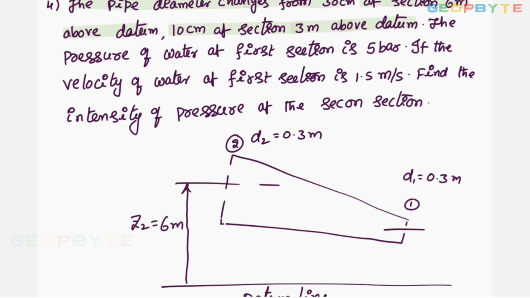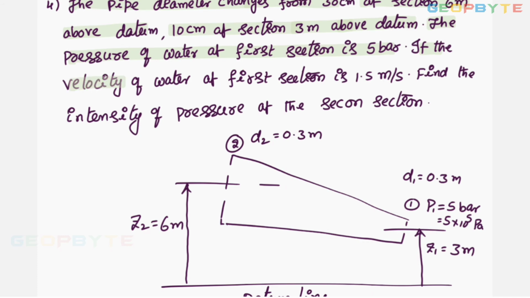Section 1 is lying at a height of Z1 equal to 3 meters. Now the pressure of the water in the first section, P1, equal to 5 bar, equal to 5 into 10 power 5 Pascal.